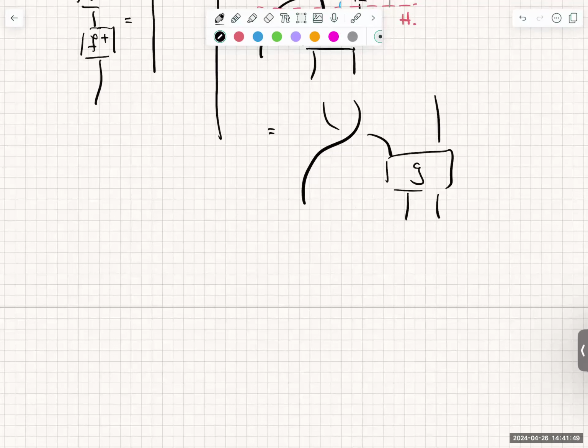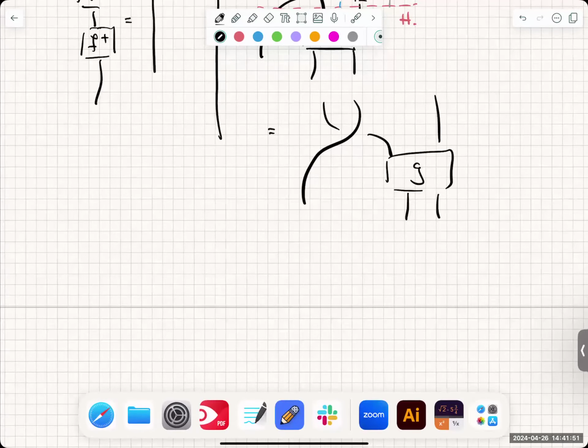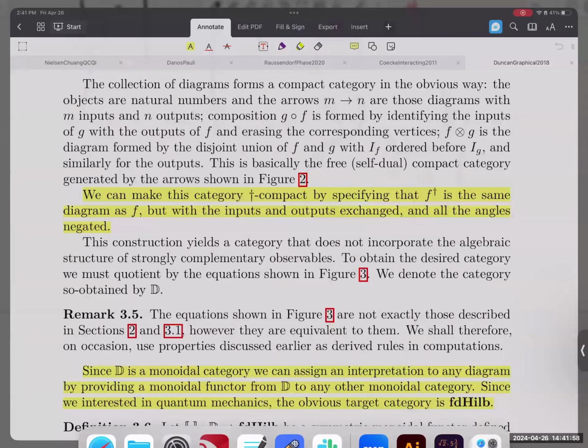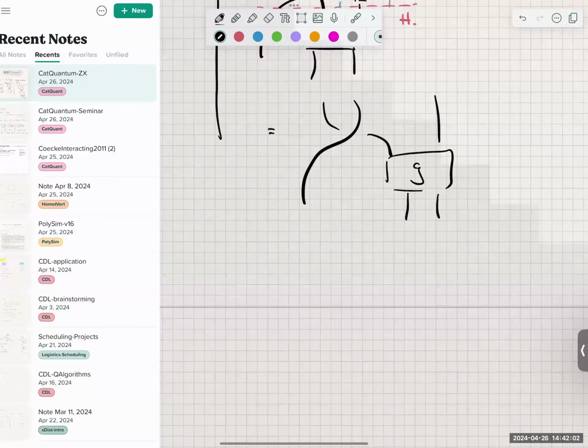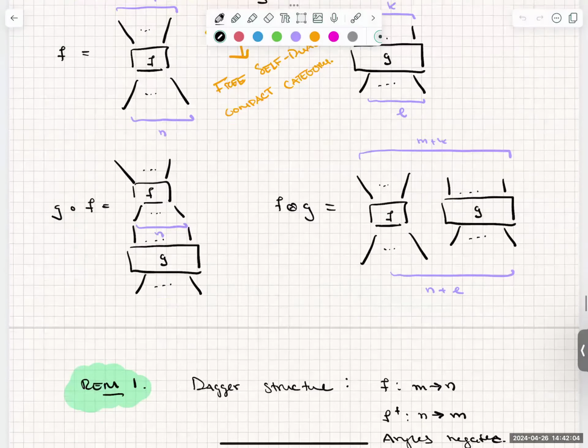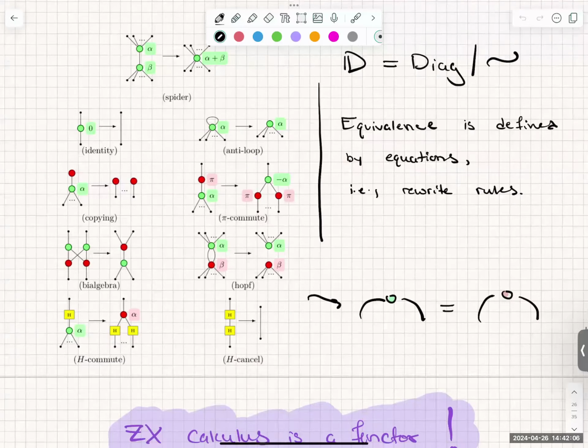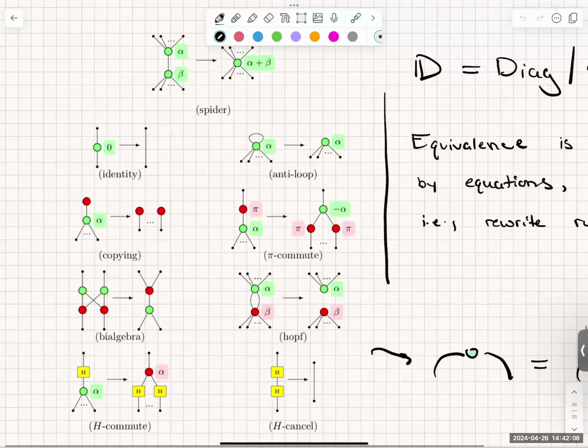Okay, so now I'm going to be lazy here, but there's a bunch of rewrite rules. I just want to dig into some of these. Some of these we've already talked about.